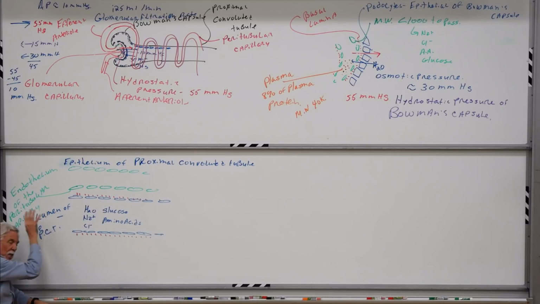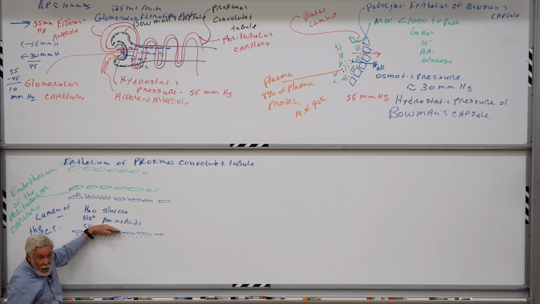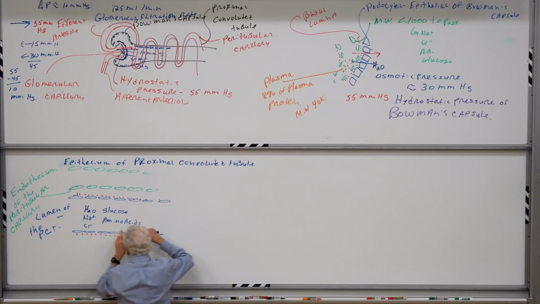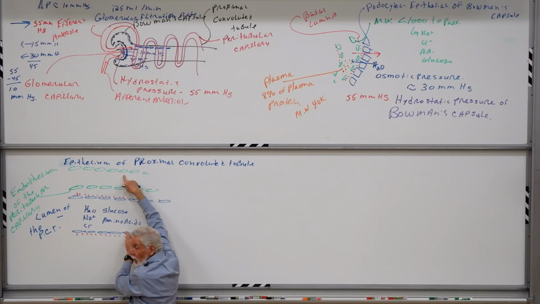Pretty much anything that was in the blood that has a molecular weight less than 1,000 is going to be out here, because remember, this is the drain from Bowman's capsule. Our next goal is to move this water, ions, glucose, and amino acids from this compartment back into this compartment.